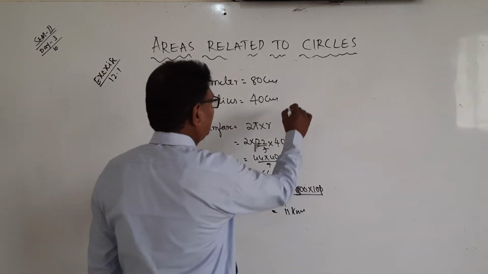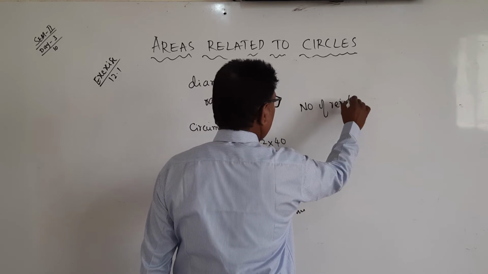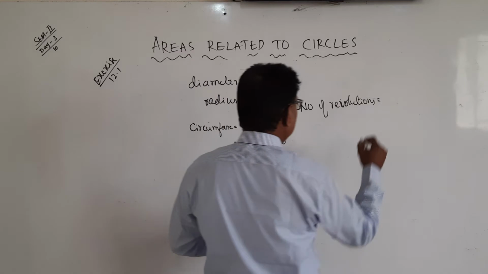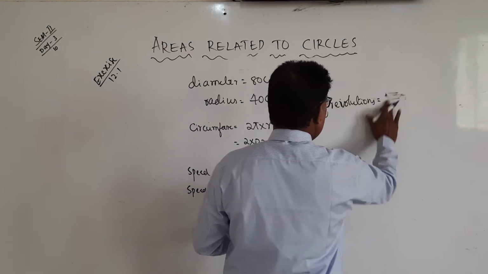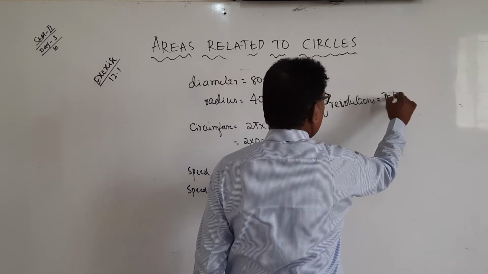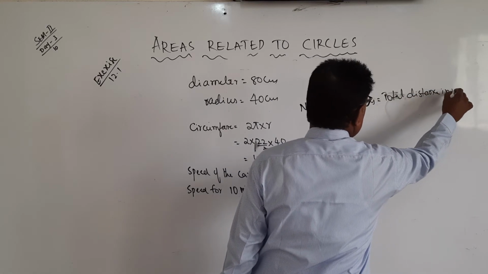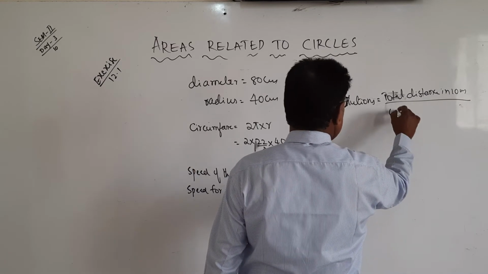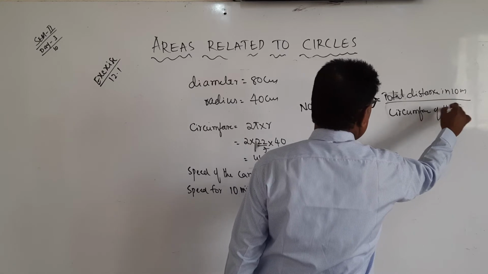Therefore, now you can write number of revolutions is equal to total distance in 10 minutes divided by circumference of the wheel.